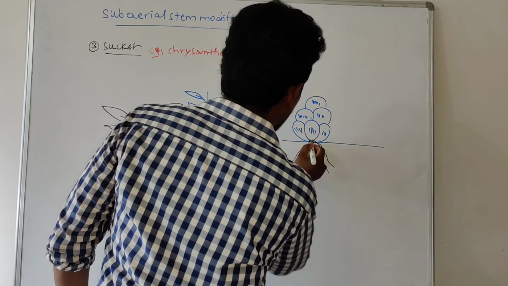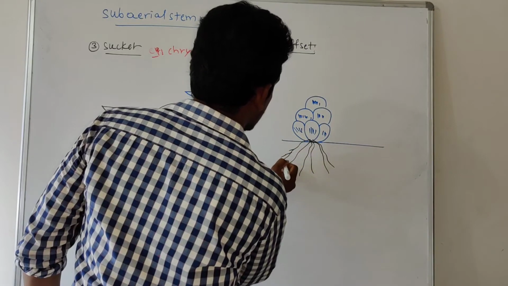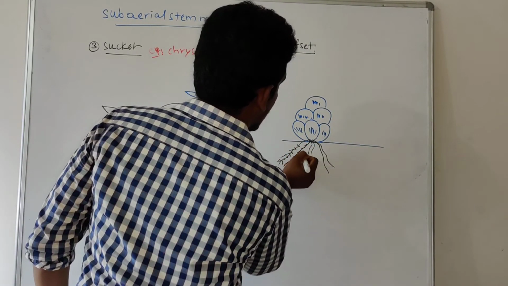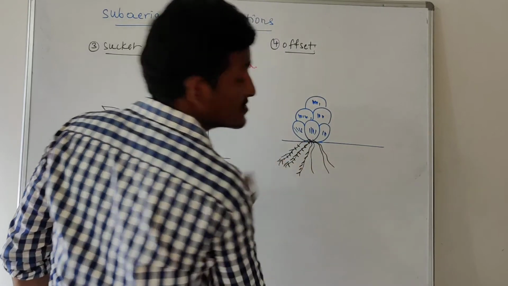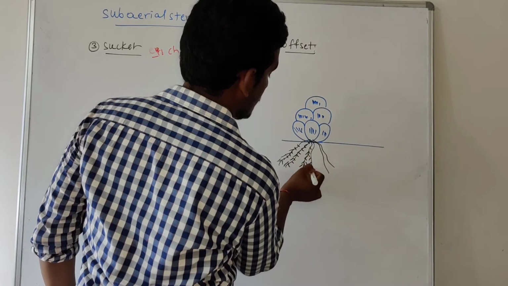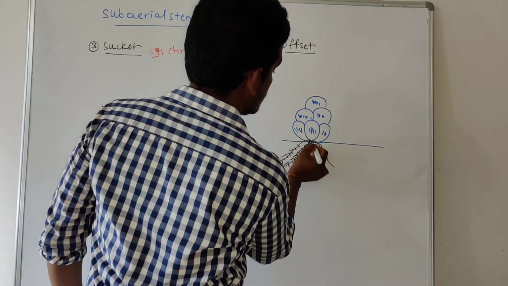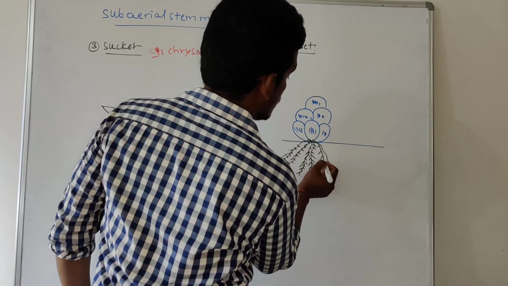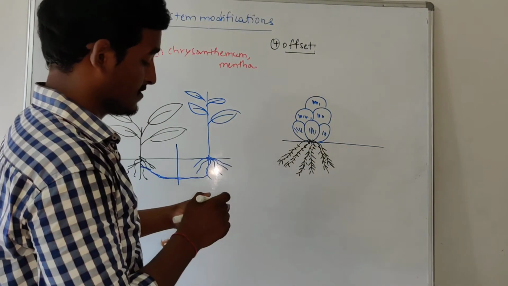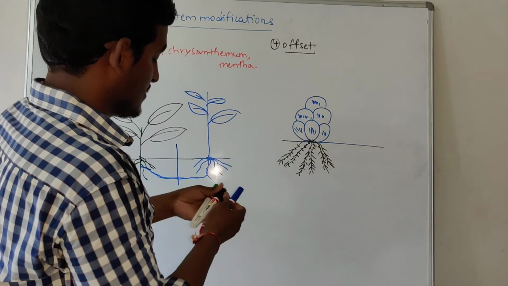This helps it float on the water. Along with these balancing roots, parenchyma also helps in buoyancy, so the plant floats on the water with the help of parenchyma.